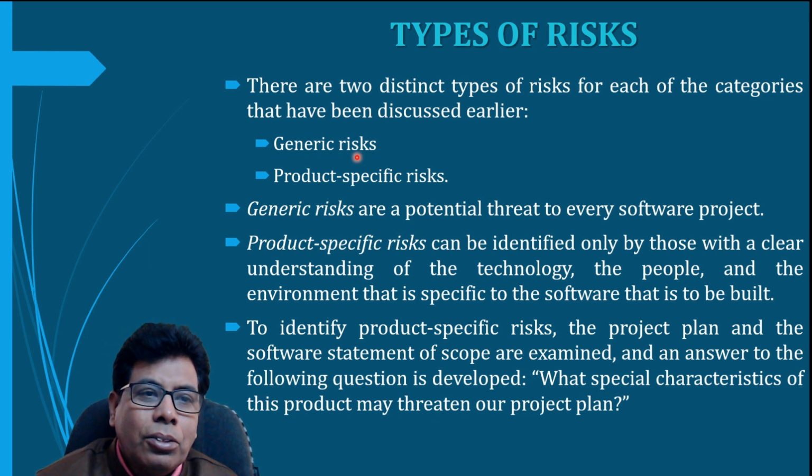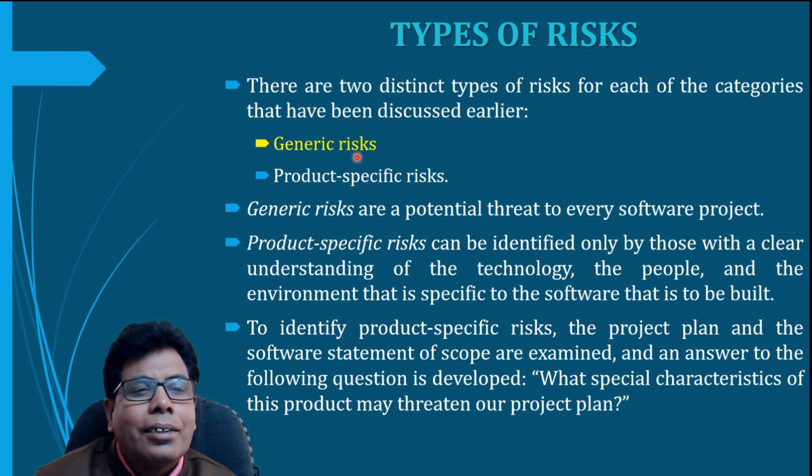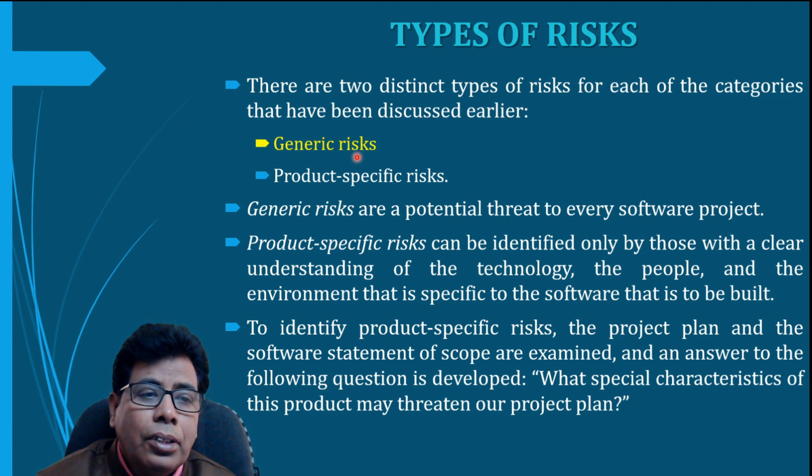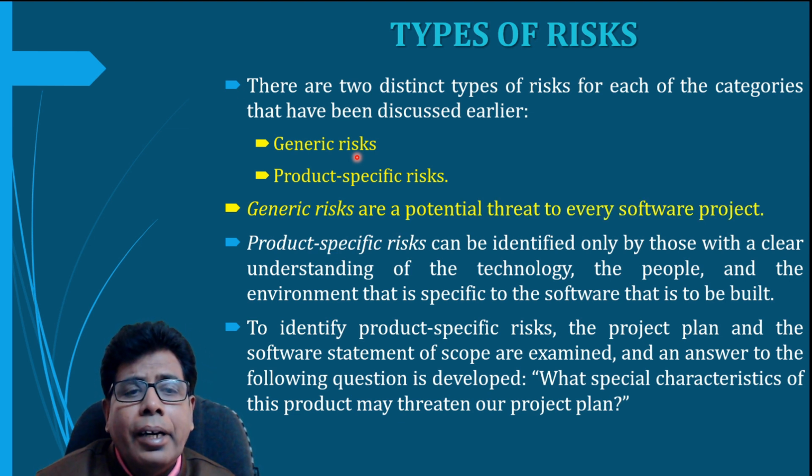Here we have two distinct types of risk for each of the categories that we have discussed. First is the generic risk. They are general risks, common for every software. And then we have the product specific risk. The product specific risk can be identified only by those with a clear understanding of the technology.